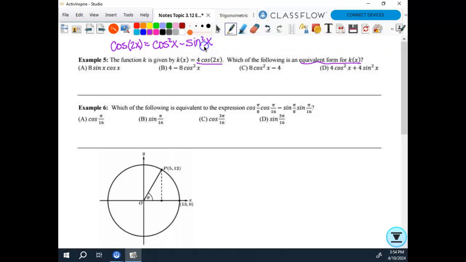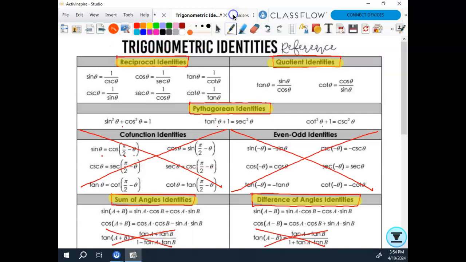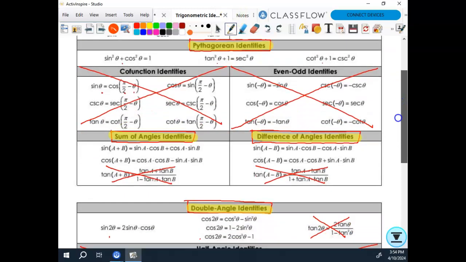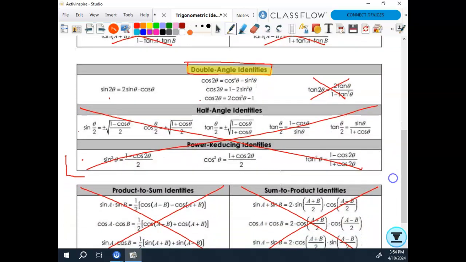Now, before I worry about figuring any of this out, not a single one of these has cosine squared minus sine squared. This one has cosine squared plus sine squared, but that's the Pythagorean identity. That's not it, okay? Or at least that doesn't match this exactly. So when I look back over here, I have these other options for my double angles.